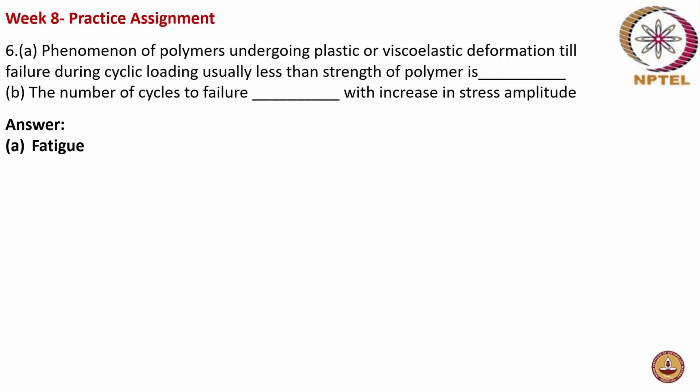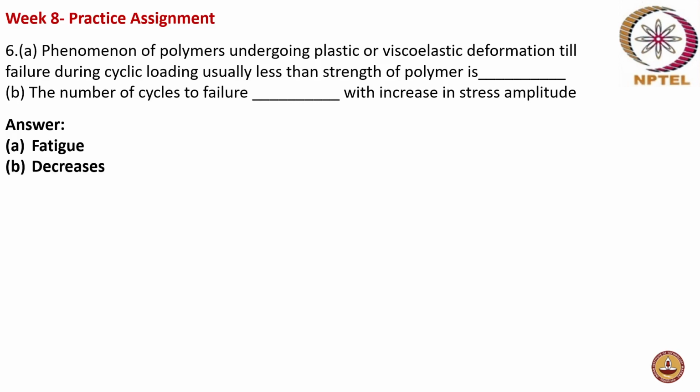Next question. The number of cycles to failure dash with increase in stress amplitude. Does it increase or decrease with increase in stress amplitude? It decreases, you're saying. You're right.